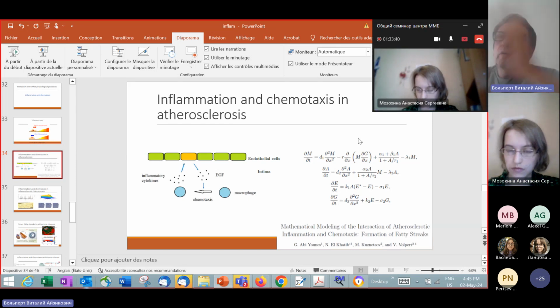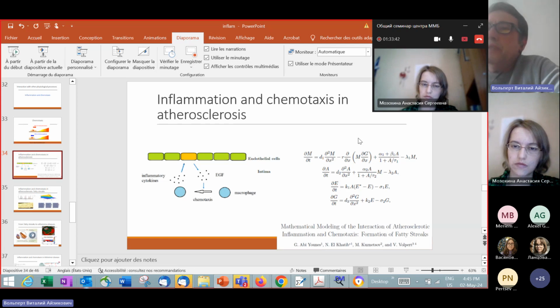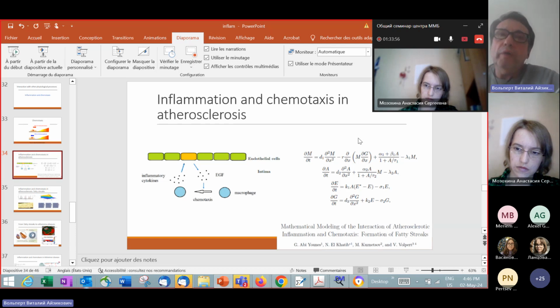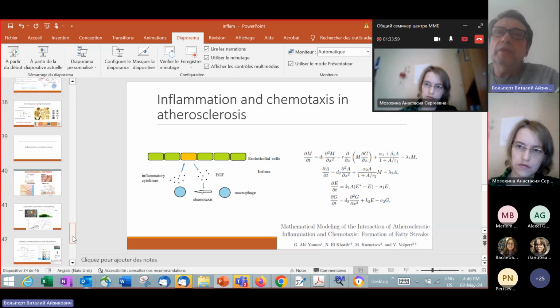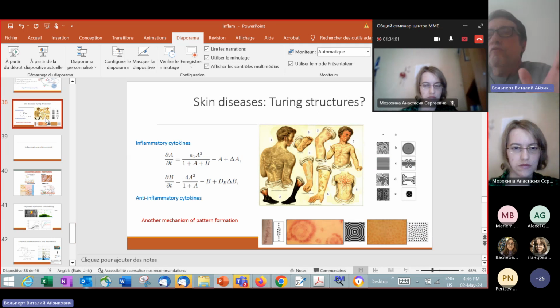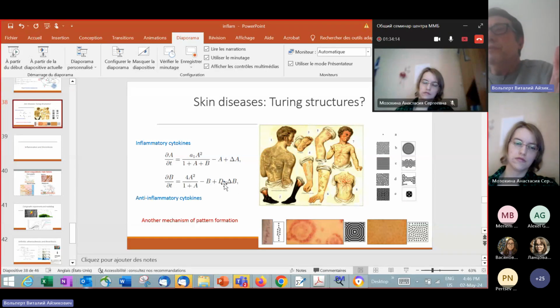It is known for many different problems and studies that such kind of terms can lead to the instability and to this pattern formation. So if we remove it in this model, there is no instability, there is no pattern formation. However, as I briefly mentioned, there is another mechanism of pattern formation related to Turing structures, which we consider here. In Turing structures, there is no chemotaxis, but there is diffusion with different diffusion coefficients.